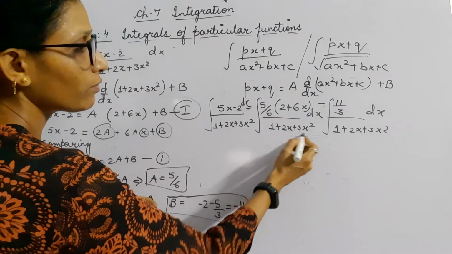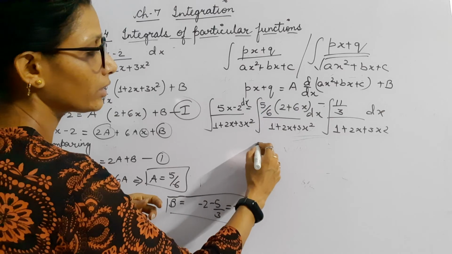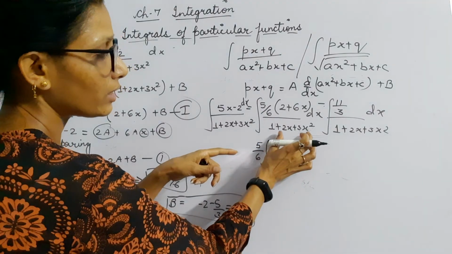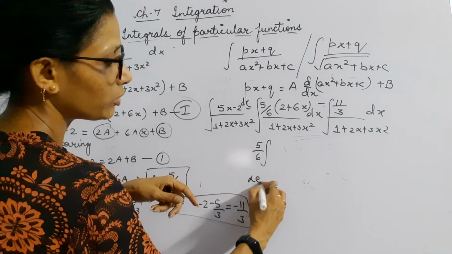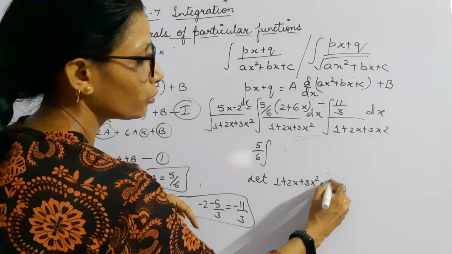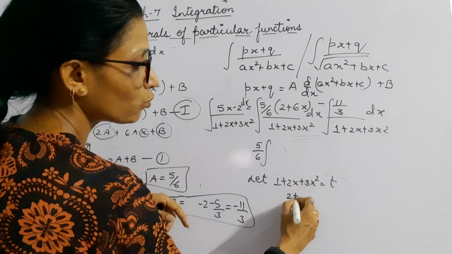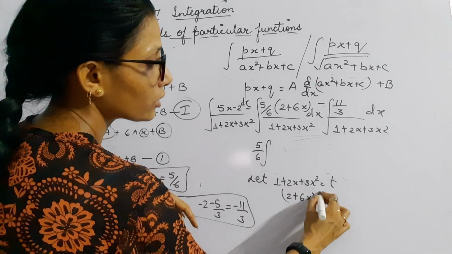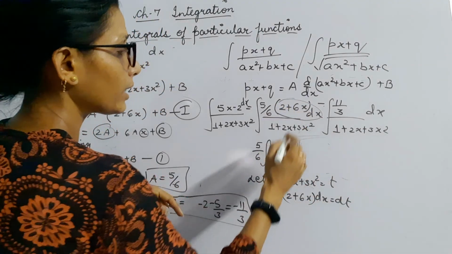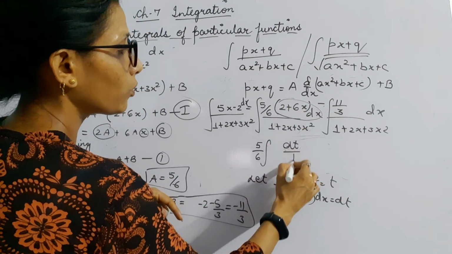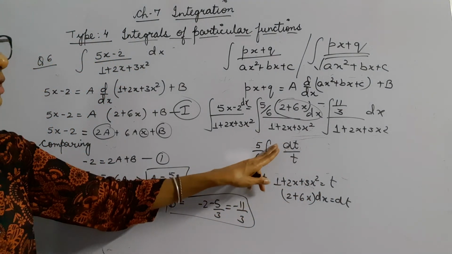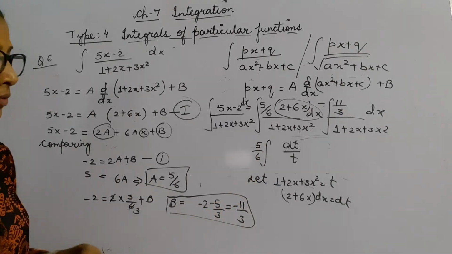So here I substitute: 5 by 6 integration of, if I let 1 plus 2x plus 3x square equal to t, then I get 2 plus 6x dx equal to dt. So in place of this complete term, I can just write dt upon t. So I get just log t, since integration of 1 by t is log t.